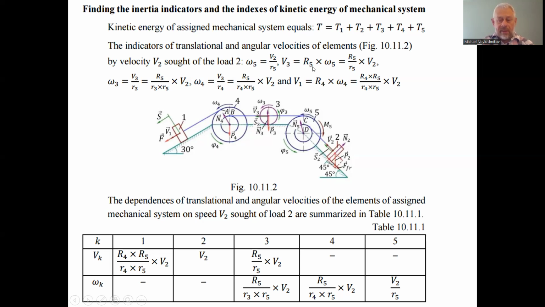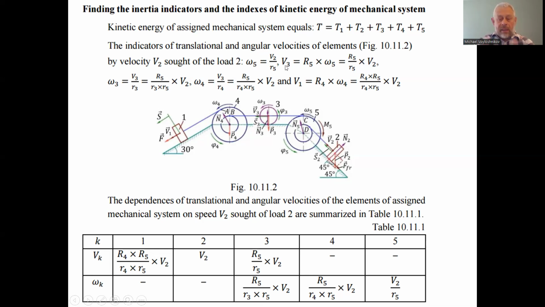And we can find this considering what we got previously, omega 5, the angular velocity of the fifth pulley. We can find that the translational velocity of the point C is uppercase R5 divided by lowercase r5 multiplied by the velocity V2, as we got from the first dependence of the angular velocity of pulley 5 on the translational velocity of load 2.